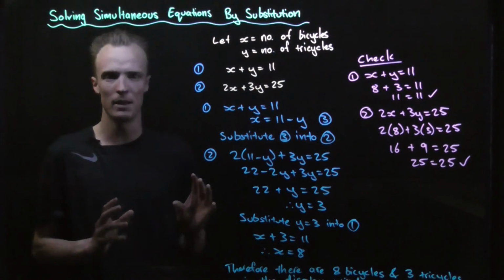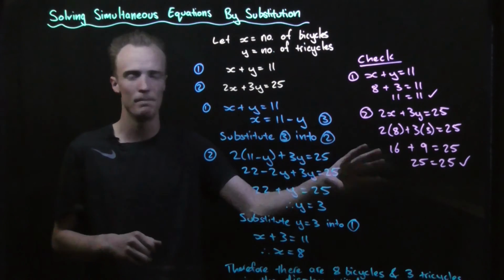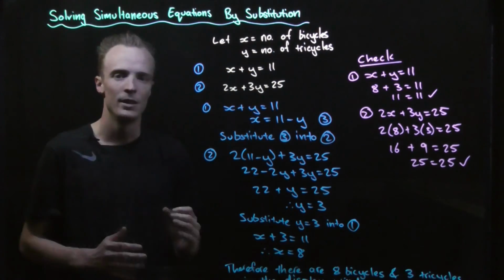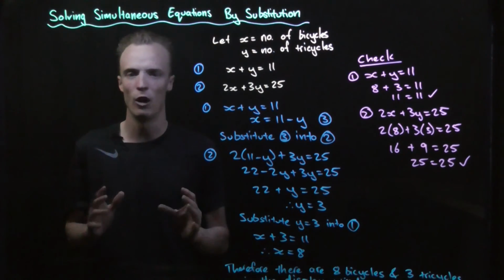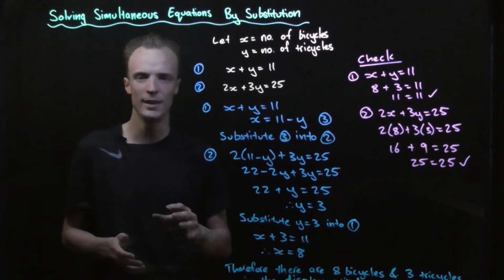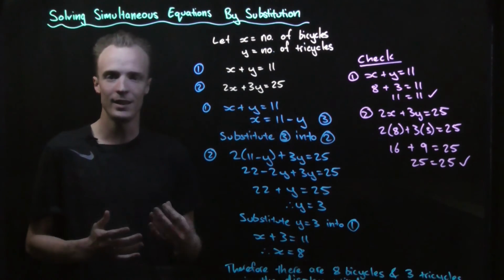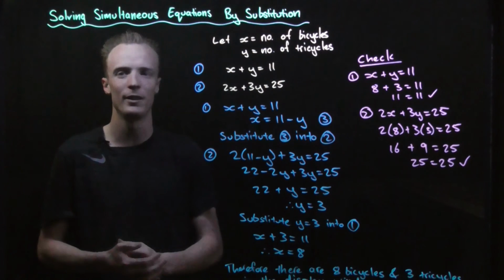Another side benefit of substitution is you can actually check to make sure that you've got the correct solution. So far we've covered trial and error, graphical solution, and substitution. There is one other method that we can try, and that's by elimination, which we'll cover in our next video.